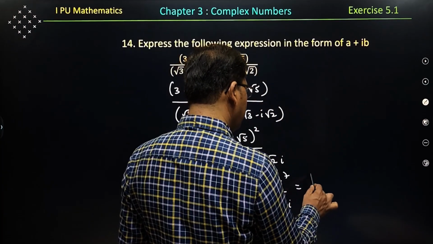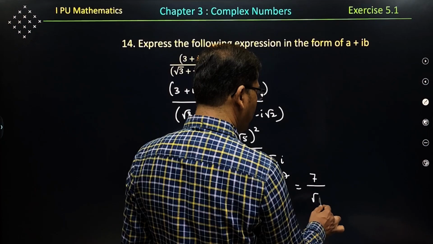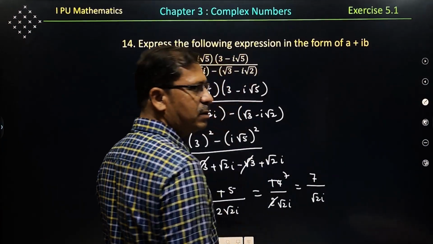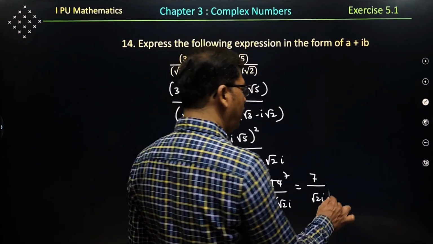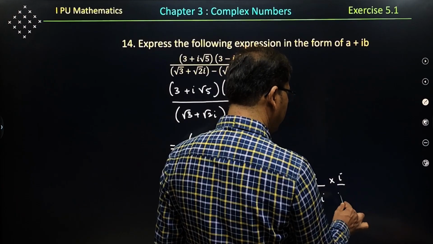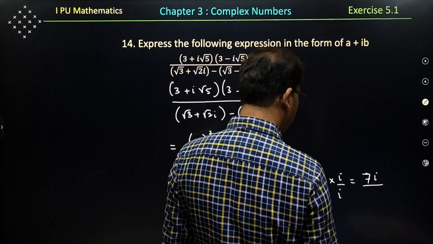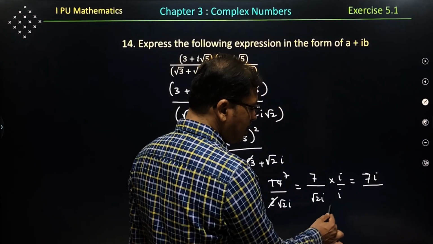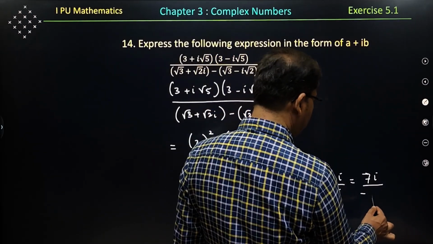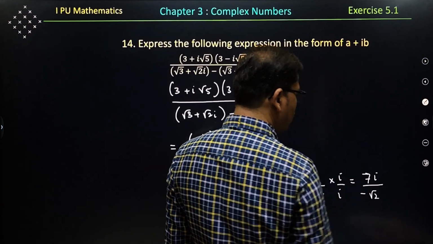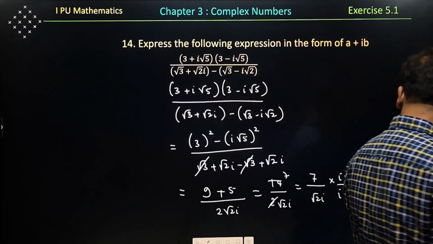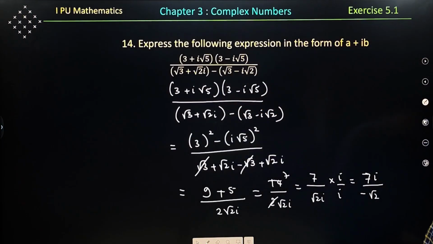So you are getting 7 divided by root 2i. Still I would like to simplify this. I would like to multiply by I and then divide by I. So it leads to 7i divided by I square. I into I is I square. I square value is minus 1. So minus root 2. So your answer is minus 7i divided by root 2.